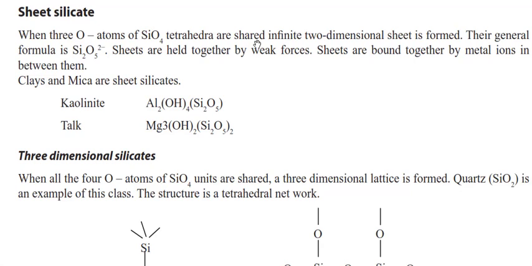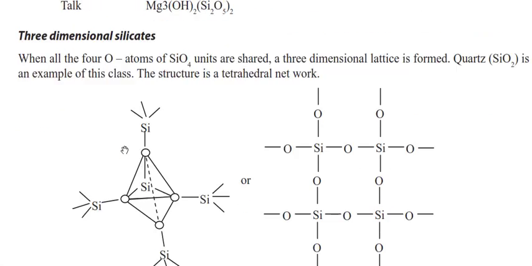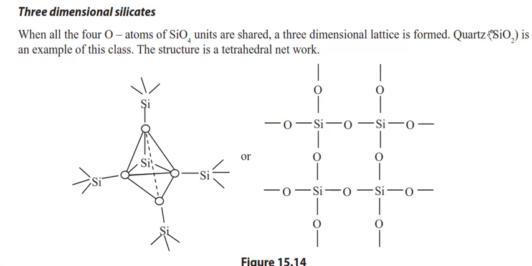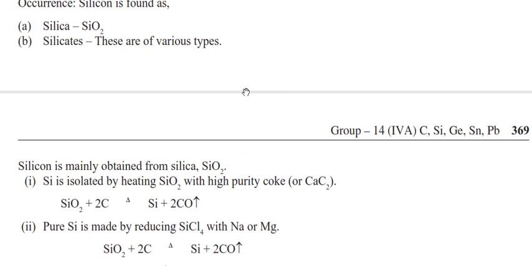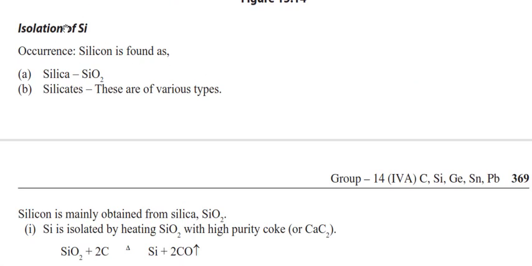When 3 oxygen atoms of SiO4 tetrahedra are shared, an infinite two-dimensional sheet is formed, and the general formula is Si2O5. The sheets are held together with weak forces, generally van der Waals forces. Three-dimensional silicates like quartz form a tetrahedral network structure.